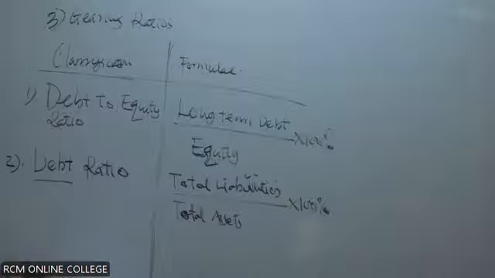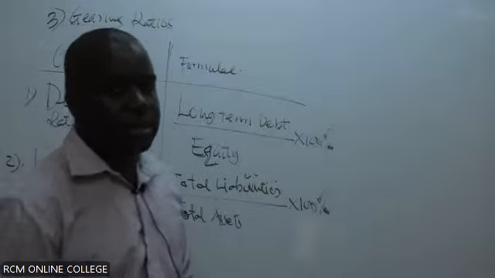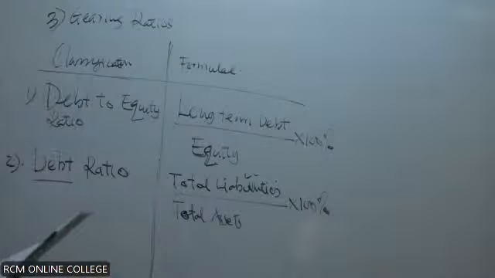It indicates the ability of the company's total assets to cover up the total liabilities. Remember, they're the ones that can be sold to cover up these total liabilities.